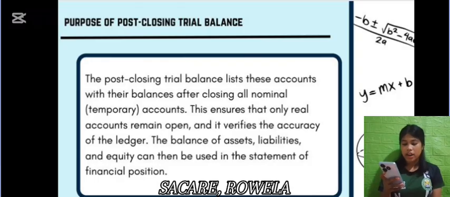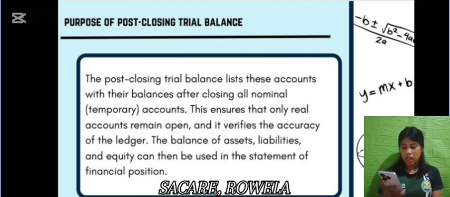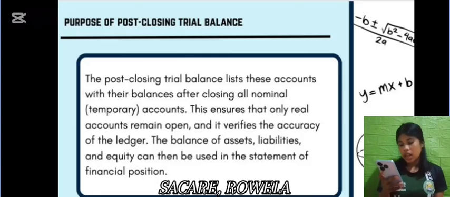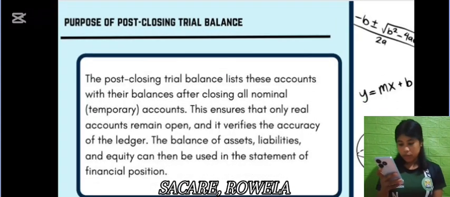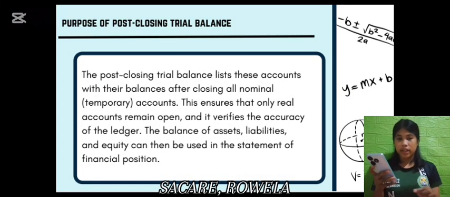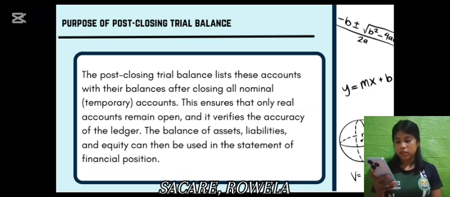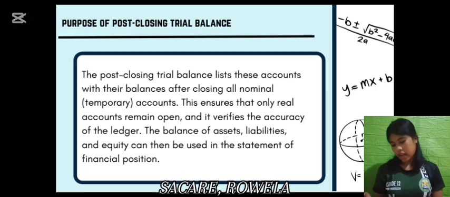Here both debit and credit totals are 3,456,180, indicating that the accounts are balanced and the closing process was done correctly. Okay, tama man kay same man. Then, this post-closing trial balance will match the statement of financial position prepared for January 31, 2020. That's all. Thank you.